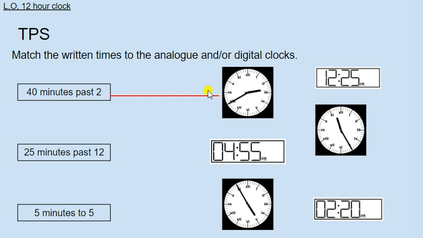I could write that as 2:40, or say it as 5, 10, 15, 20 minutes to 3. I could say 20 to 3. Let's look at this one. We know that's 4:55, and this one's 12:25, or 25 minutes past 12.